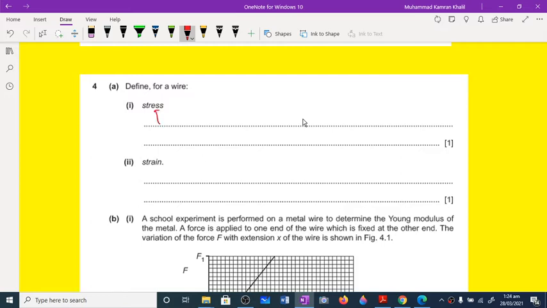The correct answer is force acting per unit cross-sectional area.